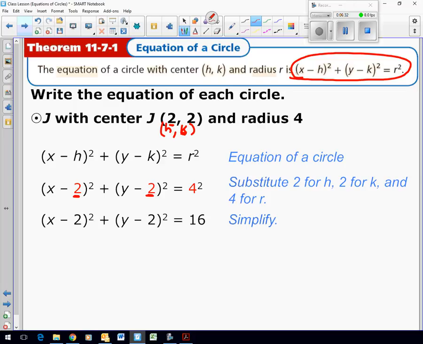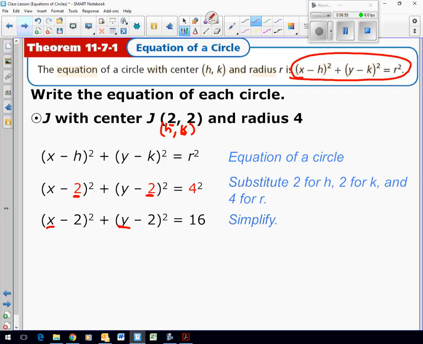What about the X and Y? Yes. Whenever you're writing an equation of a circle, you most of the time are going to leave X and Y as is, because they could be any part of that rim of the circle, okay?